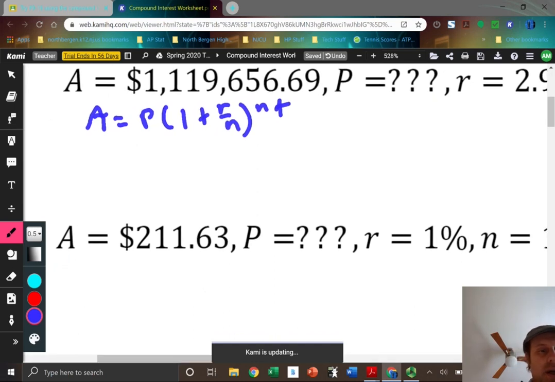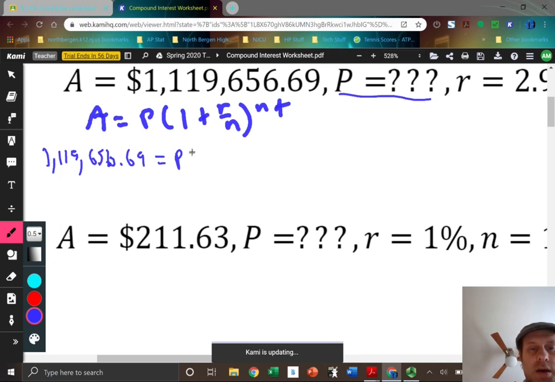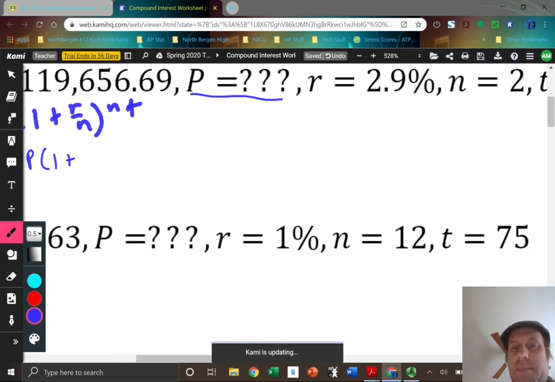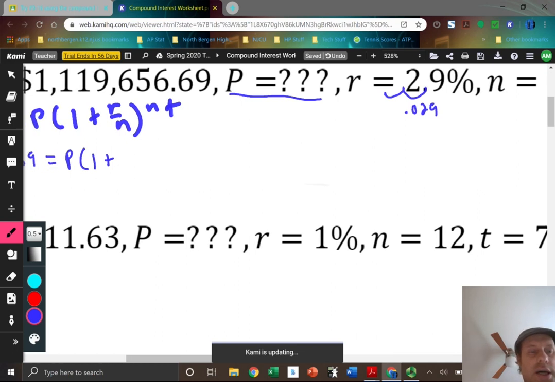So that is going to be $1,119,656.69 equals my principal, which we don't know, so we'll just leave that as P, times 1 plus R over N. R is 2.9%, and moving that to the left gives me 0.029.